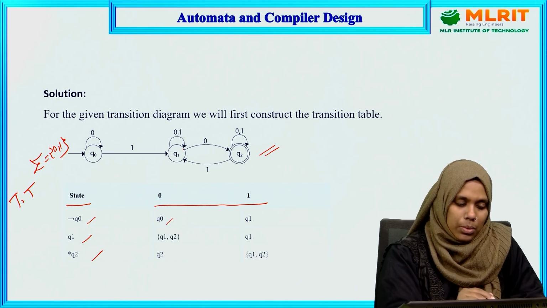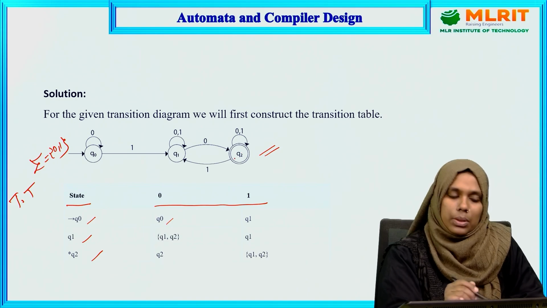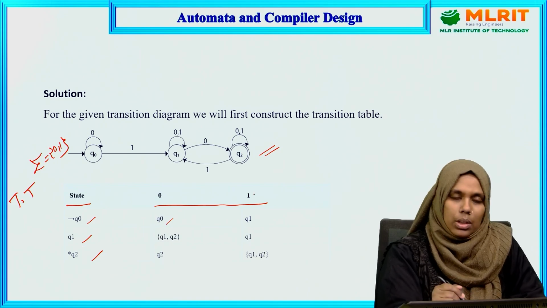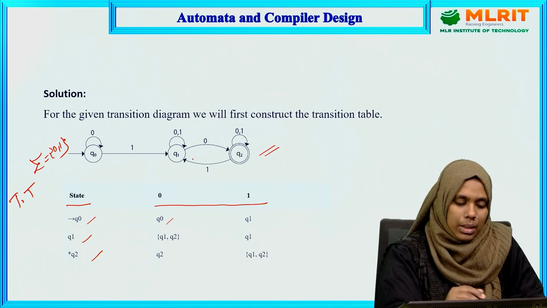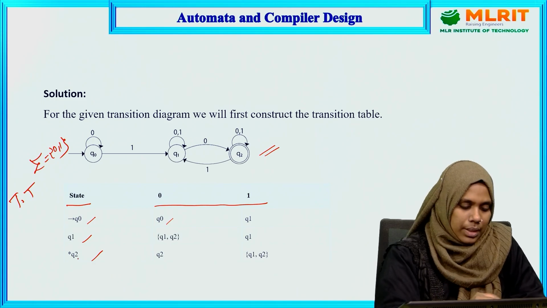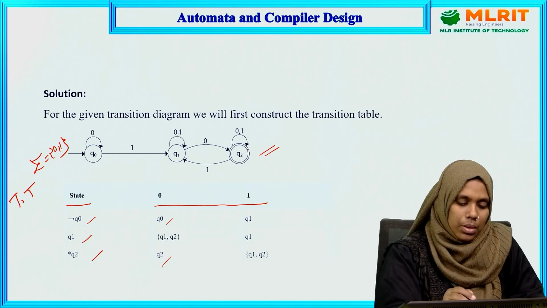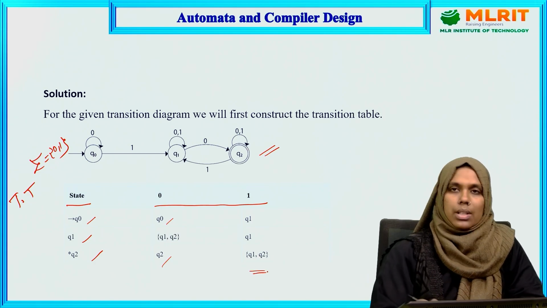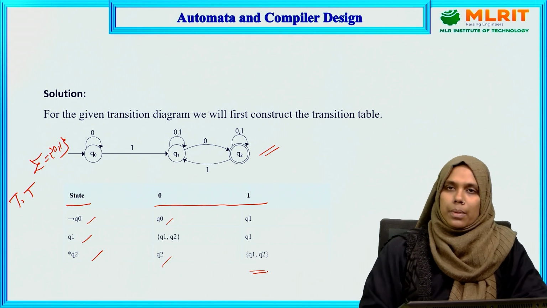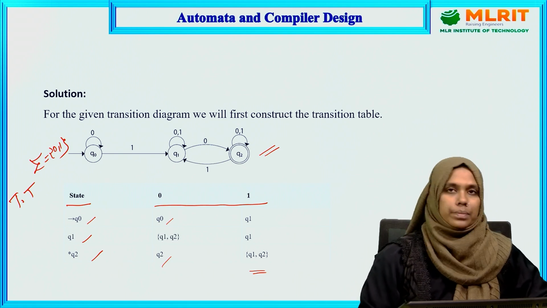So Q1 of 0 is Q1, Q2, and Q1 of 1 is Q1. Now the final state: Q2 of 0 is Q2 itself, and Q2 of 1 is Q1, Q2.